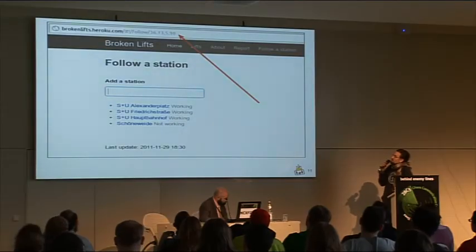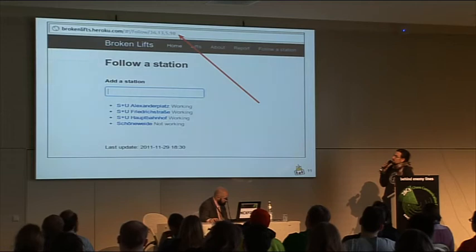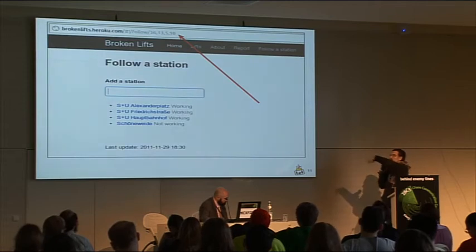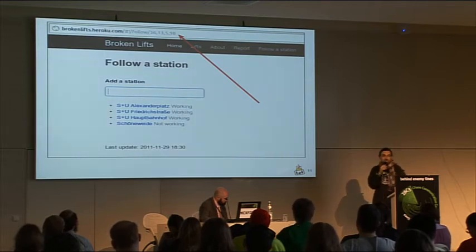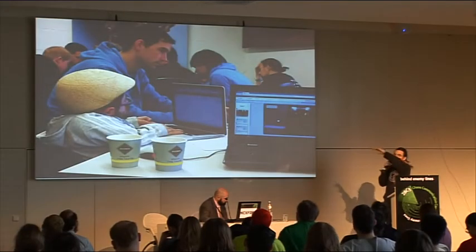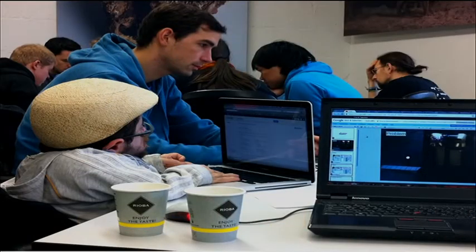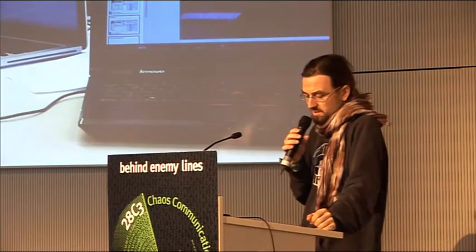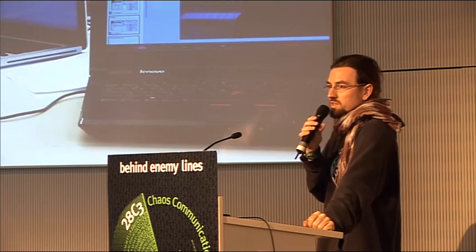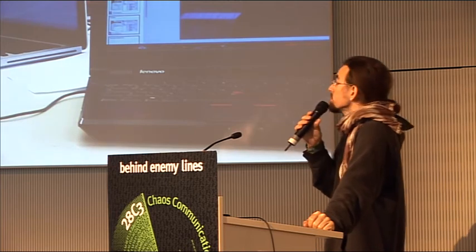For convenience, you can track a certain route. If you decide to go to Alexanderplatz and Friedrichstraße all week, that's a URL you can use all the time, because it includes the IDs of the lifts. That's something that hasn't been on the websites of BVG or S-Bahn.